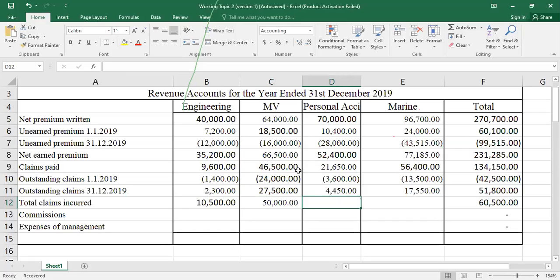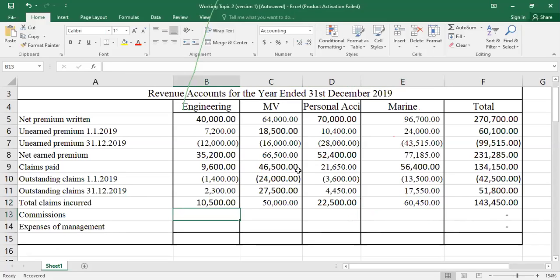That is 22,500. Then for marine, we have 56,400 minus 13,500, we add back 17,550. That is 60,450.